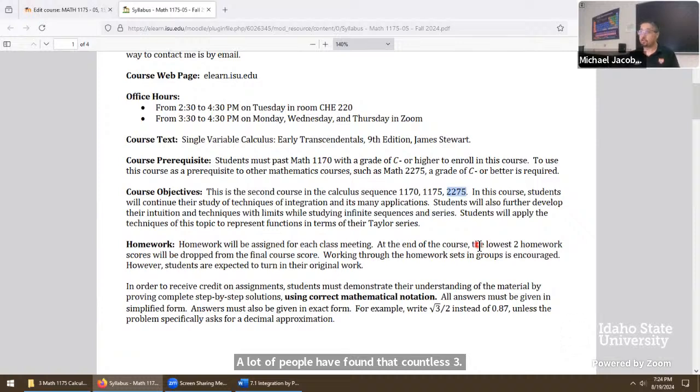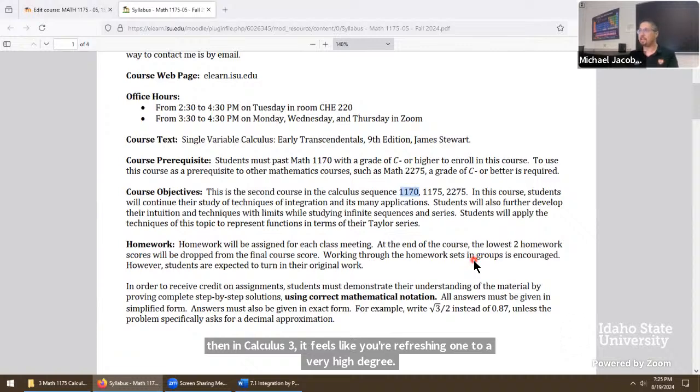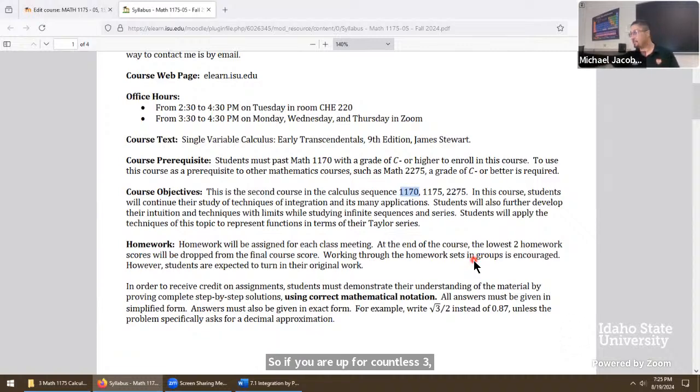I shouldn't say that. It is still hard, but you go through a lot in Calculus 2, and then in Calculus 3, it feels like you're refreshing Calculus 1 to a very high degree. So if you are up for Calculus 3, it doesn't just keep getting crazier and crazier like this material seems like it will, but we'll get through it.